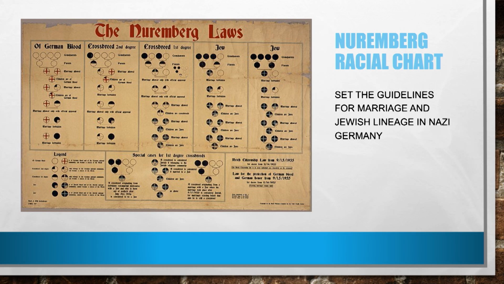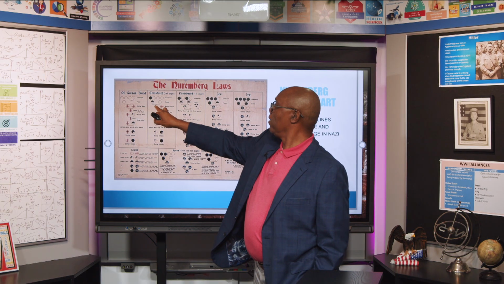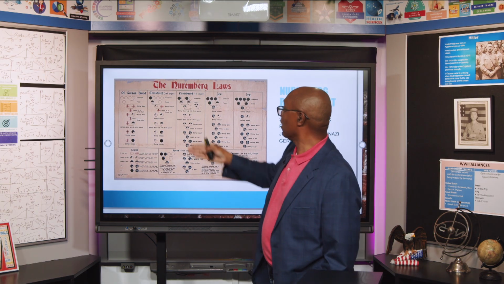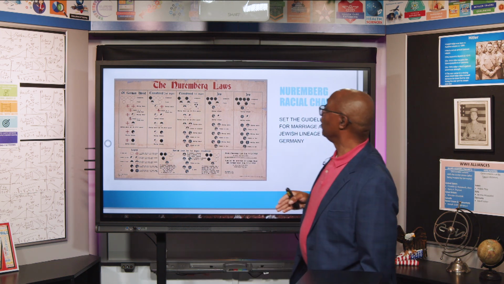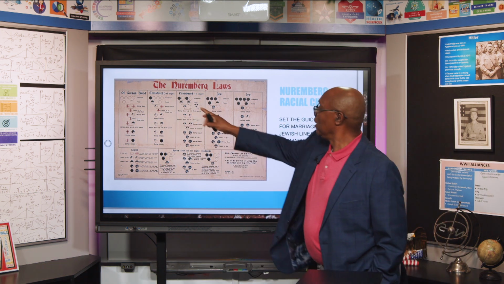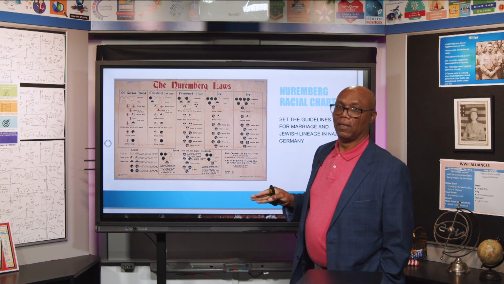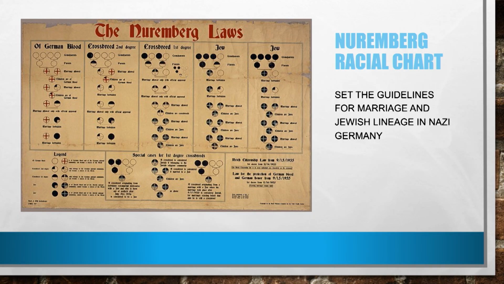So you have one parent that is full-blooded German, one that is half Jew and half German, which means their children would be 1/4 Jewish, which means they can marry other Germans. But if you have two grandparents that are Jewish, they can't. The reason is that the blood is, for lack of a better word, being diluted here.